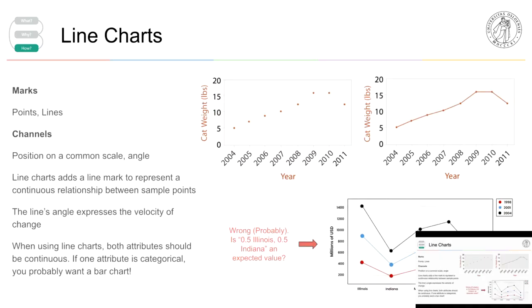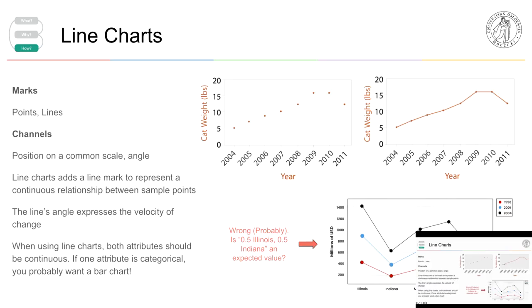Line charts also use points and lines. Let's say you have a cat and you want to weigh it to keep track of its weight, and you weigh it once a year, and you plot your result into a chart like this. What you can do is add a line between each point.